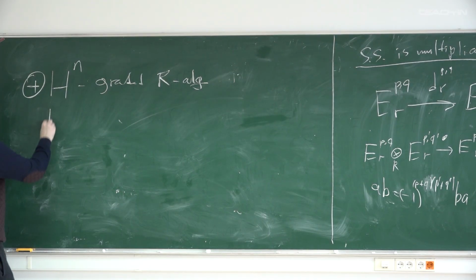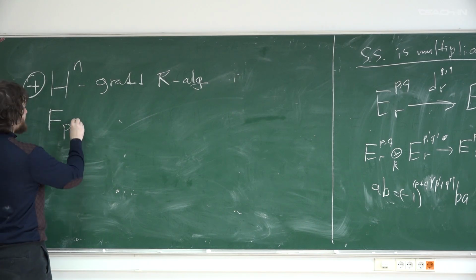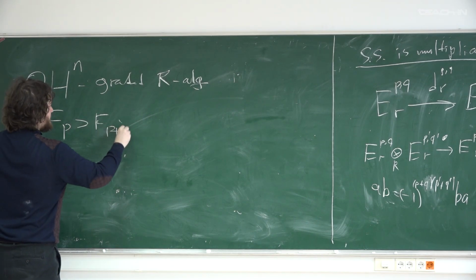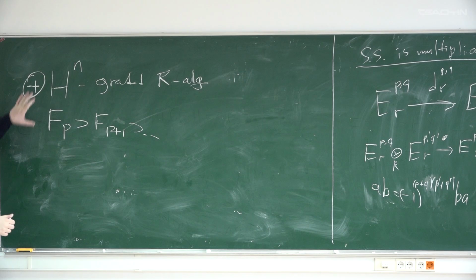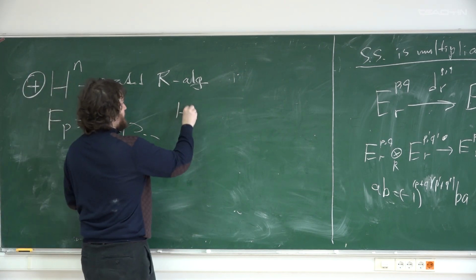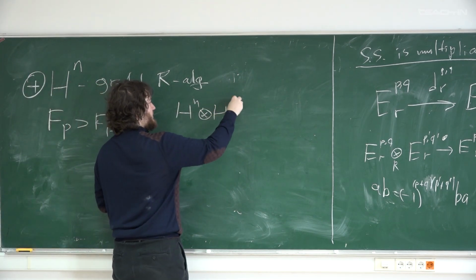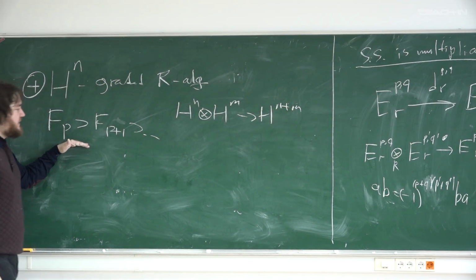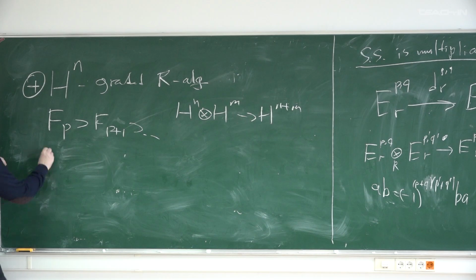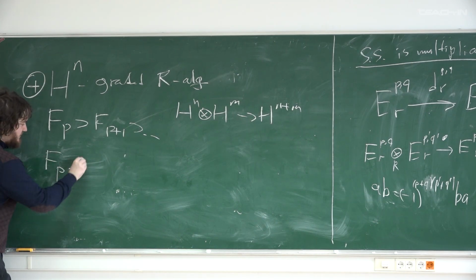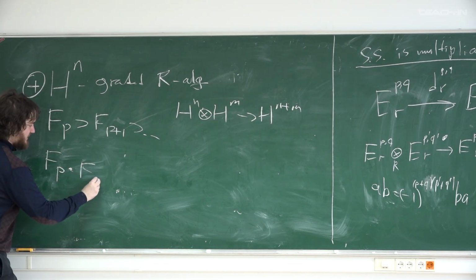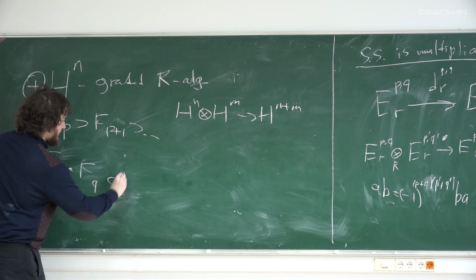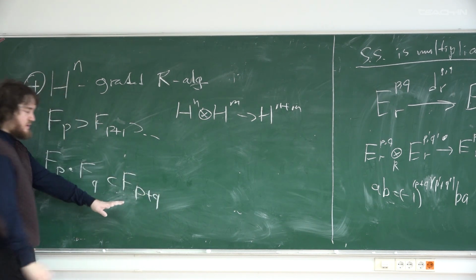And we have filtration, decreasing filtration, because it's homological type, it's decreasing filtration. And this graded algebra means that we have multiplication, okay, again of this form. And this filtration is multiplicative. This means that, again, if I multiply two elements of my filtration, I obtain this thing.